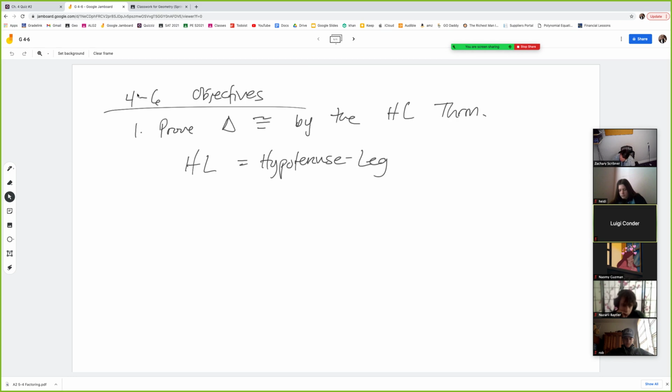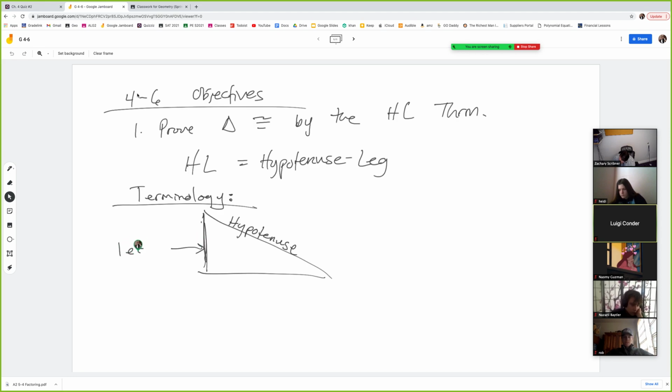Now in a right triangle, very important, everybody must pay attention and understand this terminology. If you don't know the terminology, you have no chance in this. This is called the hypotenuse. This is a leg. This is also a leg.